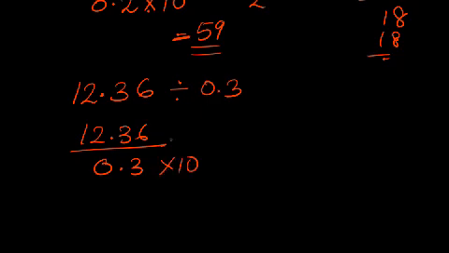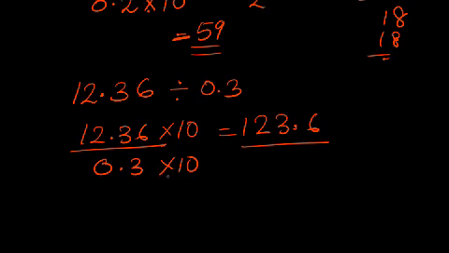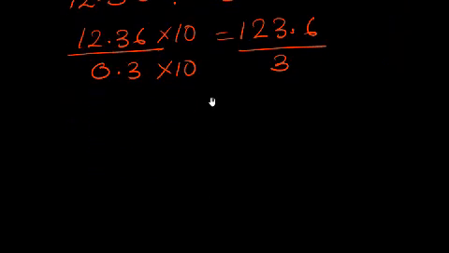So times 10, and do the same thing with the dividend. 12.36 times 10 is 123.6, divided by 0.3 times 10 is 3. Now the divisor is a whole number, so we can set up the problem like 123.6 divided by 3.